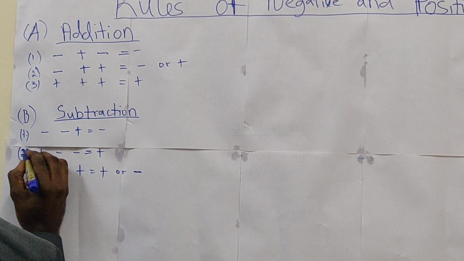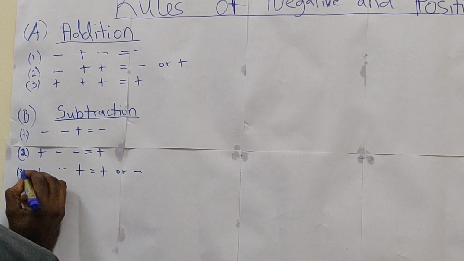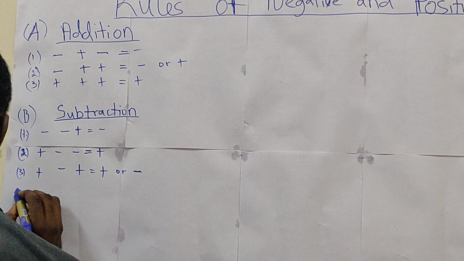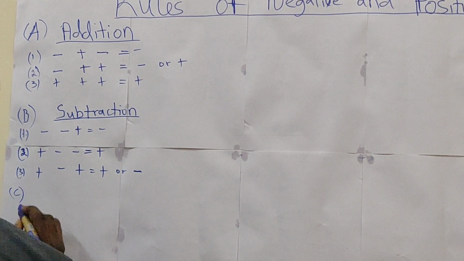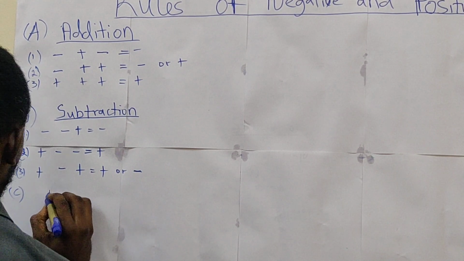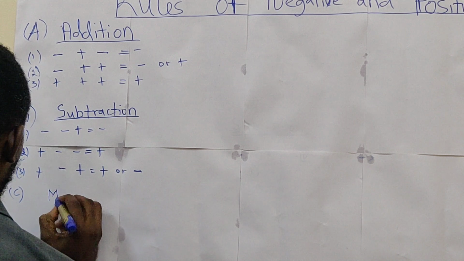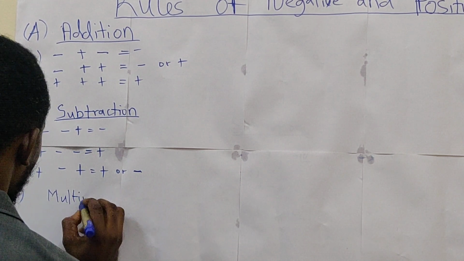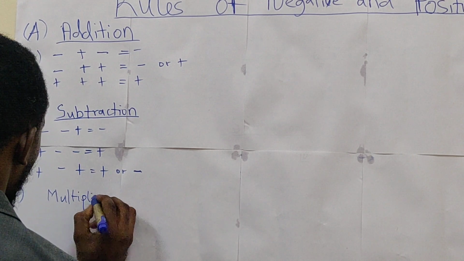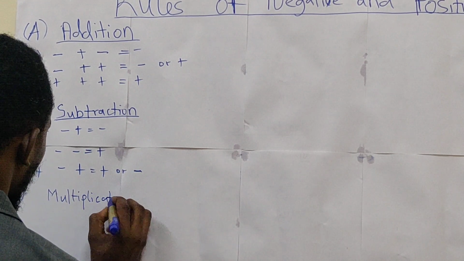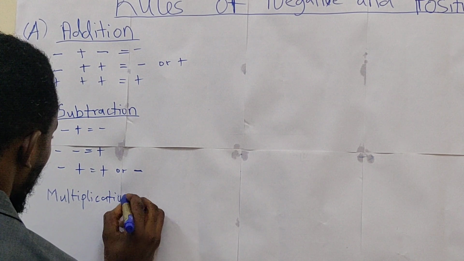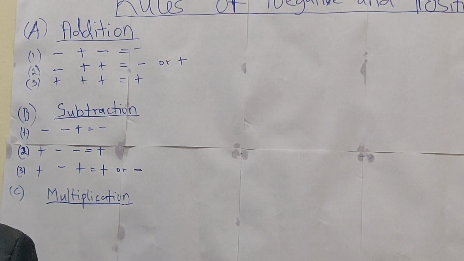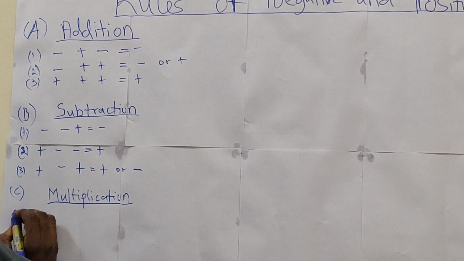Sorry, 2, 3. We have multiplication, C, with the possible ways.